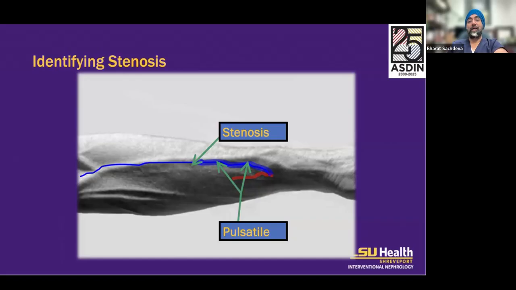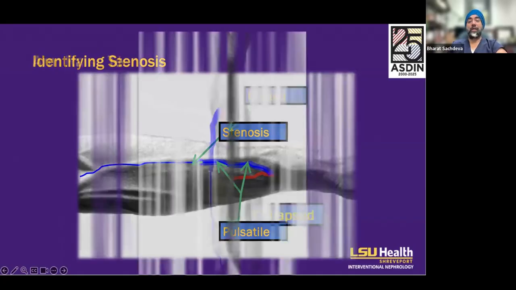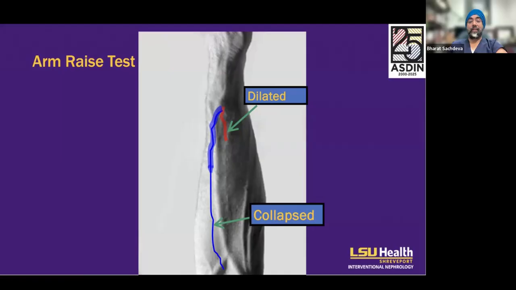In this patient, a radiocephalic fistula, the anastomosis looks good. There's blood flow coming into the fistula, but somewhere in the middle of the fistula there may be a stenosis. If you raise this arm up vertically, the fistula should completely collapse.